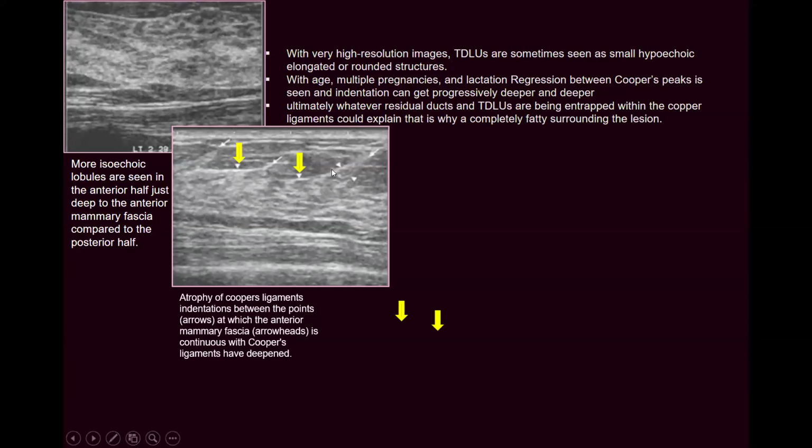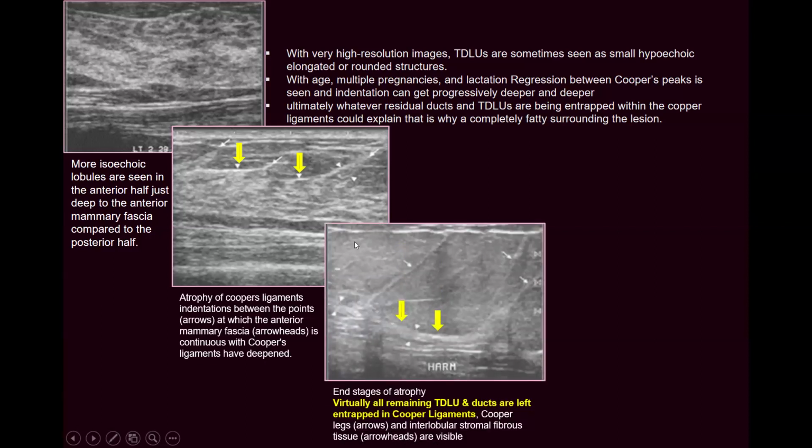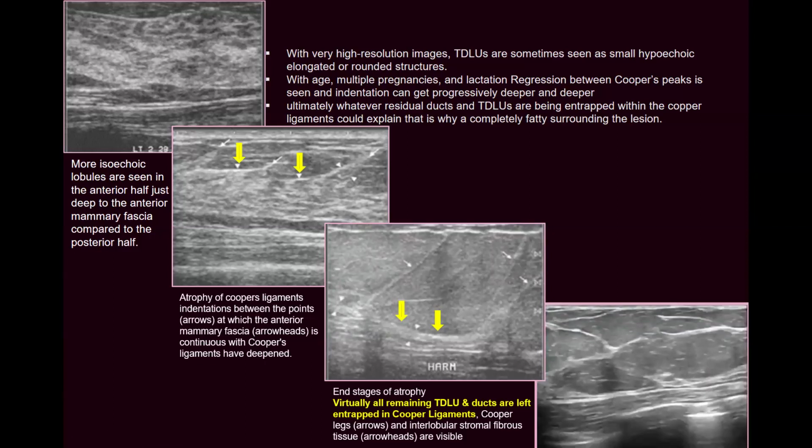And what will happen here? What you can see here, the Cooper ligaments, there is some indentation. There is indentation between the Cooper ligaments. And this indentation becomes deeper and deeper and deeper, until it becomes almost fatty.